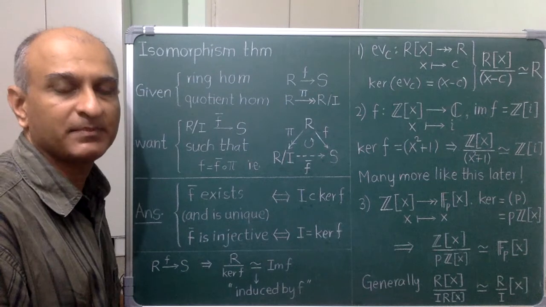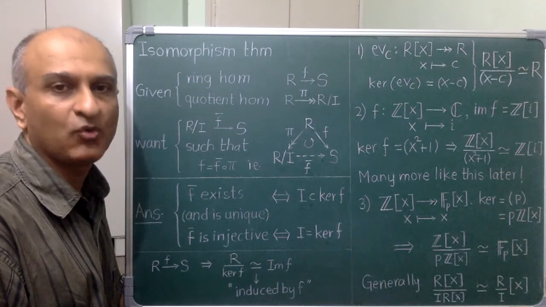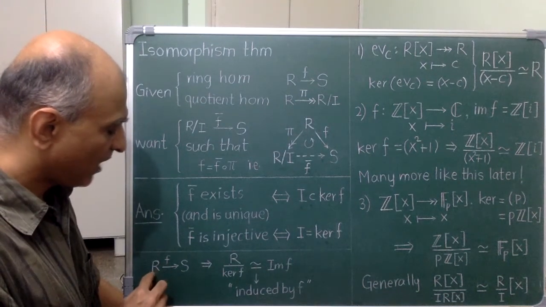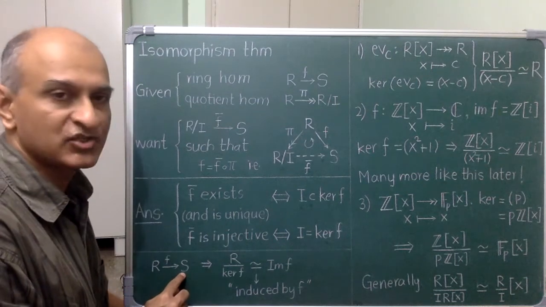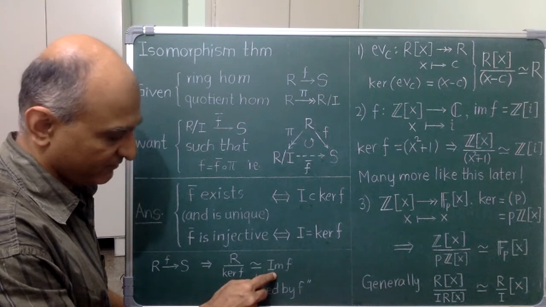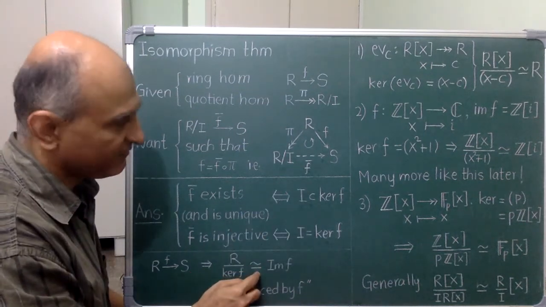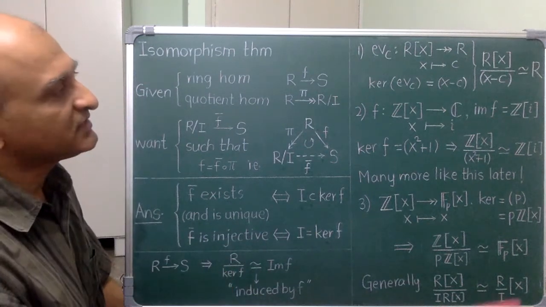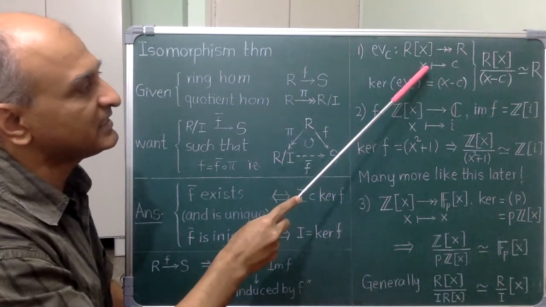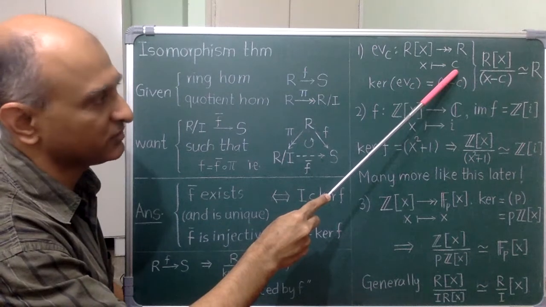We'll see in examples that polynomial rings and the isomorphism theorem work together quite well. Again, a ring homomorphism F from R to S induces an isomorphism from R modulo the kernel to the image of F. Frequently, we will even drop the bar and call this map F. In the first example, I am taking the identity map on R and extending it to the polynomial ring by sending x to C by substitution principle.